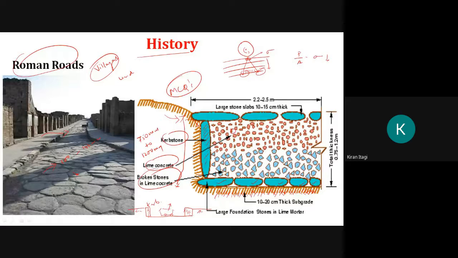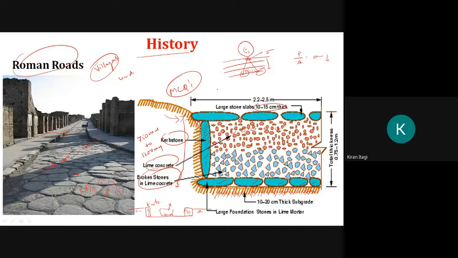After laying these small aggregates, we can see they have laid large stones. The thickness of the stones varied from 100 mm to 150 mm, or you can call it 10 to 15 centimeters.